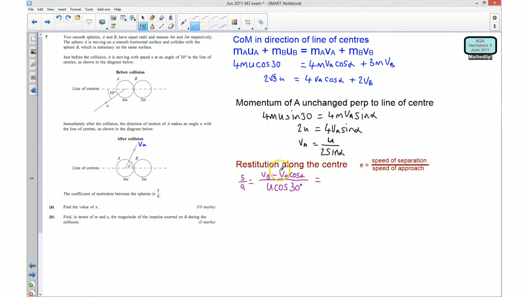and while we're at it, we also know that VA is going to be u over 2 sine alpha, so I'm going to bring all that together.